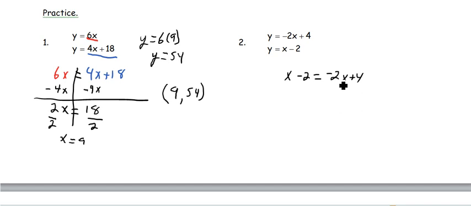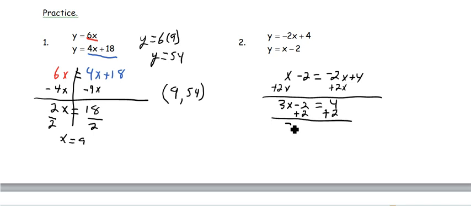So my lesser x is negative 2, so I'm going to add 2x to both sides. Here I get 3x minus 2 equals, those two x's cancel out, 4. I'm going to move my constant from the side with my variable. So I'm going to add 2 to both sides.